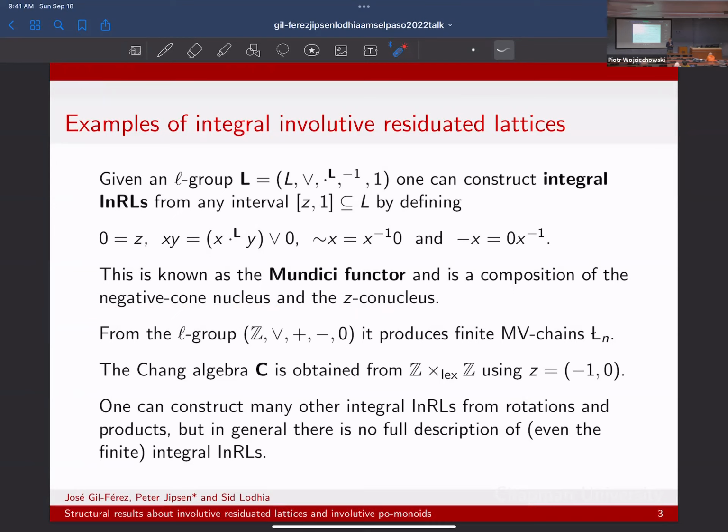What you really do is you call the 0 Z, you redefine your multiplication, which could go below Z, as something that is just going to stop at Z abruptly. You force it to, everything gets joined with 0, and then you define the tilde and the minus in this way, showing that they don't have to be the same if your group is non-commutative.